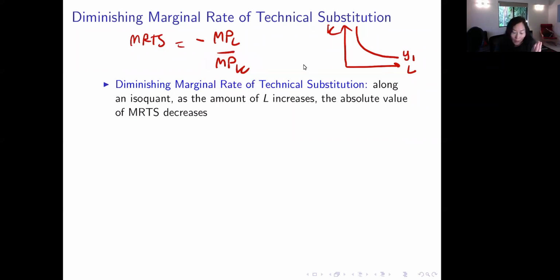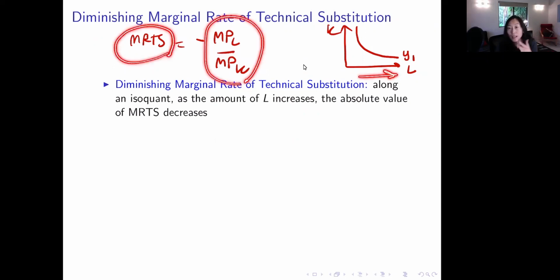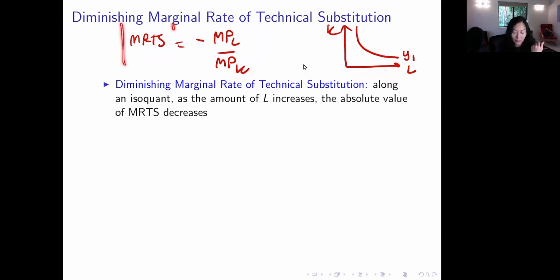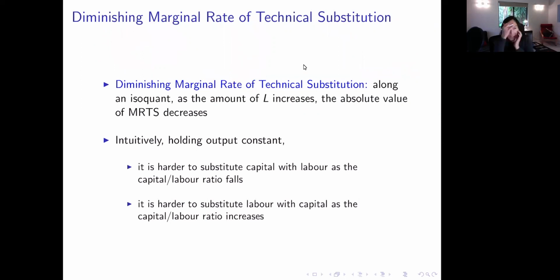Diminishing marginal rate of technical substitution is looking at the whole thing and seeing how, when L increases, it affects the slope of the isoquant in magnitude, instead of the negative value. Okay, intuitively, holding the output constant, it is harder to substitute capital with labor as the K over L ratio falls. It is harder to substitute labor with capital as the capital-labor ratio increases.